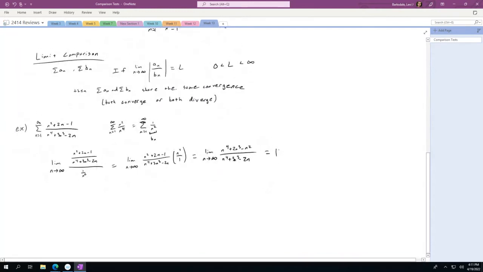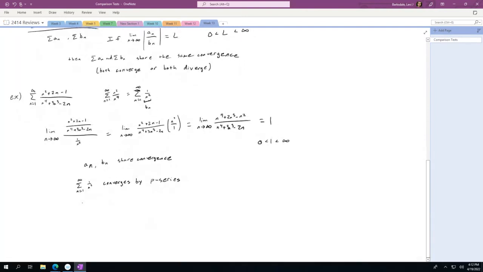Which means, because this number 1 is larger than 0 and smaller than infinity, we have that a sub n and b sub n share convergence. But we know that the sum from 1 to infinity of 1 over n squared converges by the p-series test.